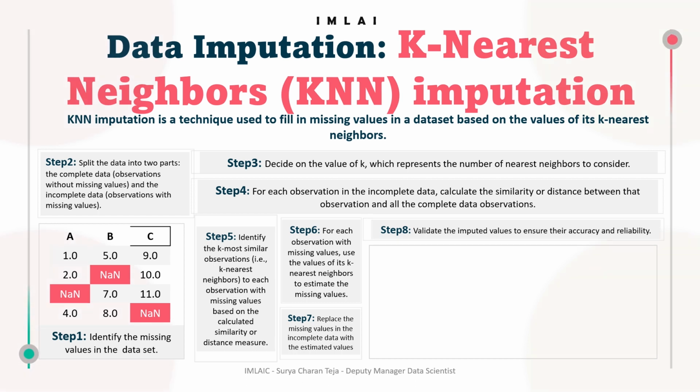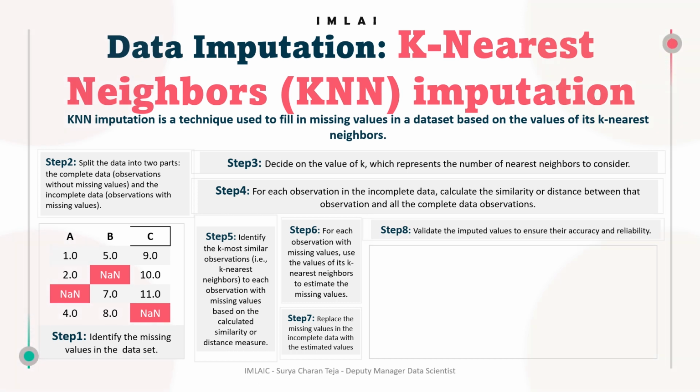Now it's time to validate the imputed values. So validate the imputed values to ensure their accuracy and reliability. This can be done by comparing the imputed values with the actual values if available, conducting statistical analysis, or using some validation techniques.